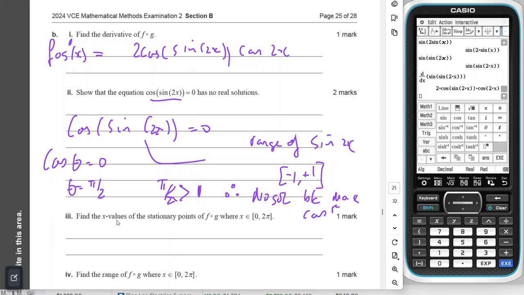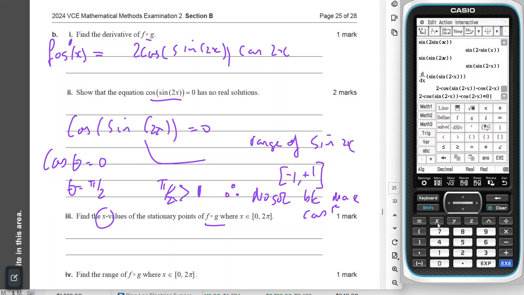Okay. Find the x values of the stationary points of f∘g, and f∘g is this derivative here. So if I take this and I set that equal to 0, and I put in my restriction given x goes from 0 to pi, and take all of that and solve for x.